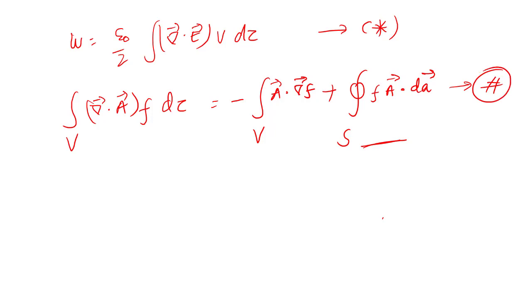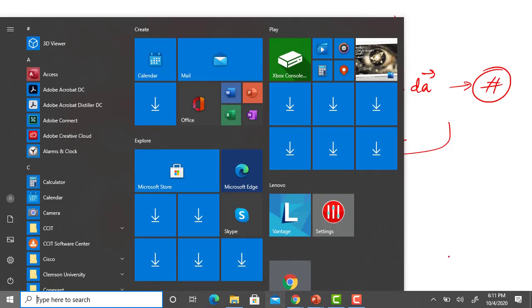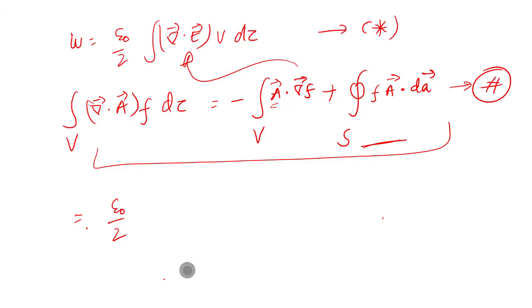So now I can use this to expand this. So I would have epsilon naught by 2. Instead of A, I have E. I have a negative here.